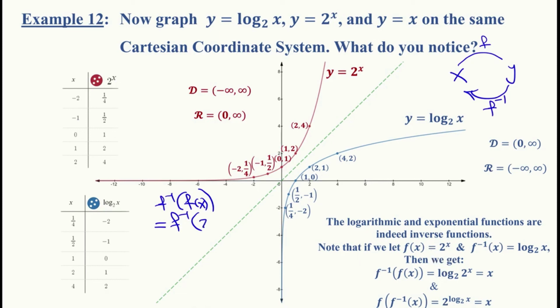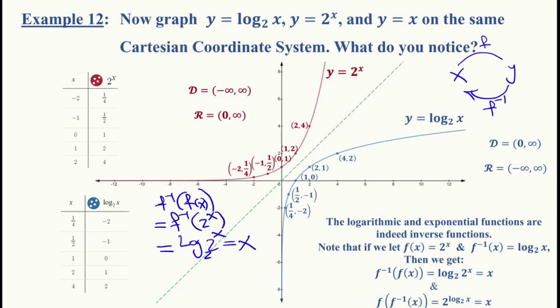So it's going to be f inverse of 2 to the x, which is going to be apply the action of f inverse to this input now. The input is 2 to the x. So instead of x, put 2 to the x. So you get log base 2 of 2 to the x, which is, as we learned a minute ago, x.